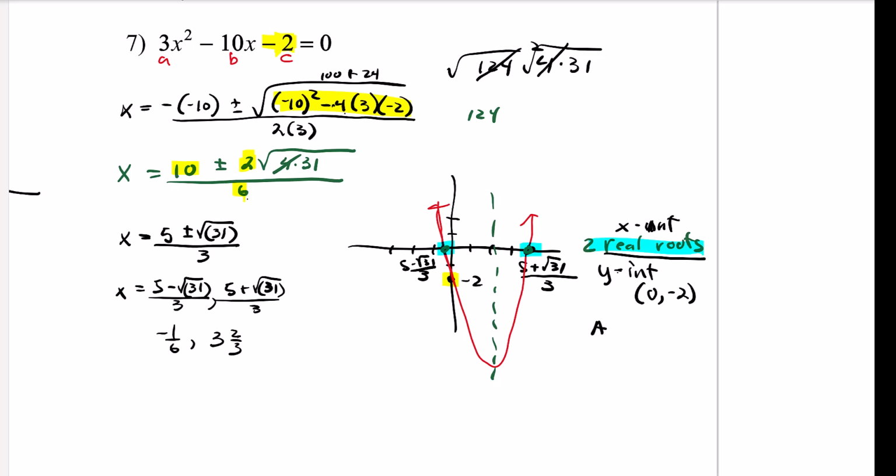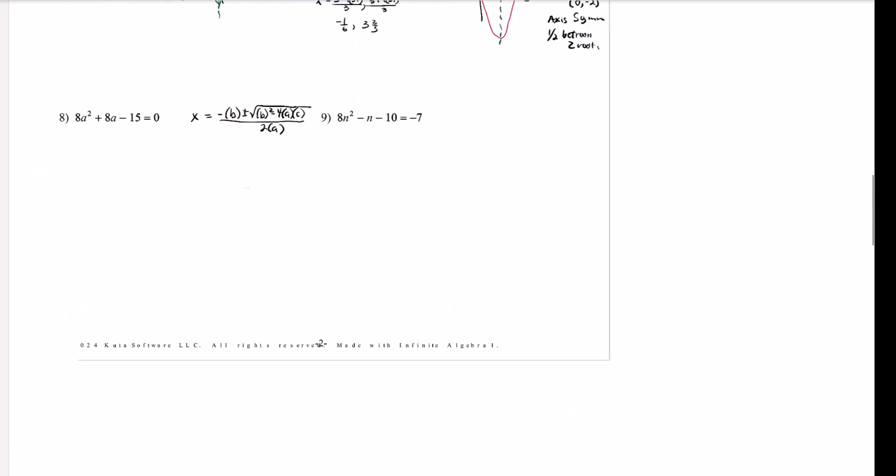And the axis of symmetry is halfway between roots. So you can add those together, divide it by 2, and there's a newer method I'm going to show you in a little bit that makes it easier.